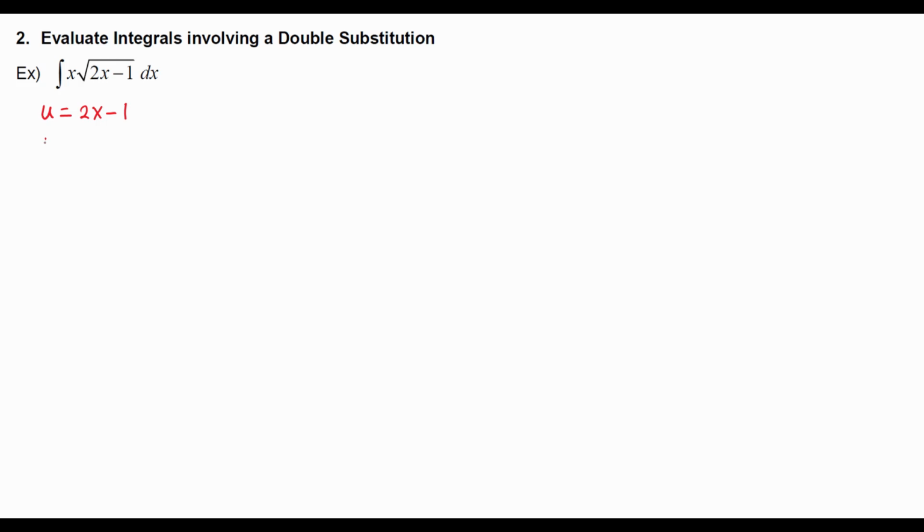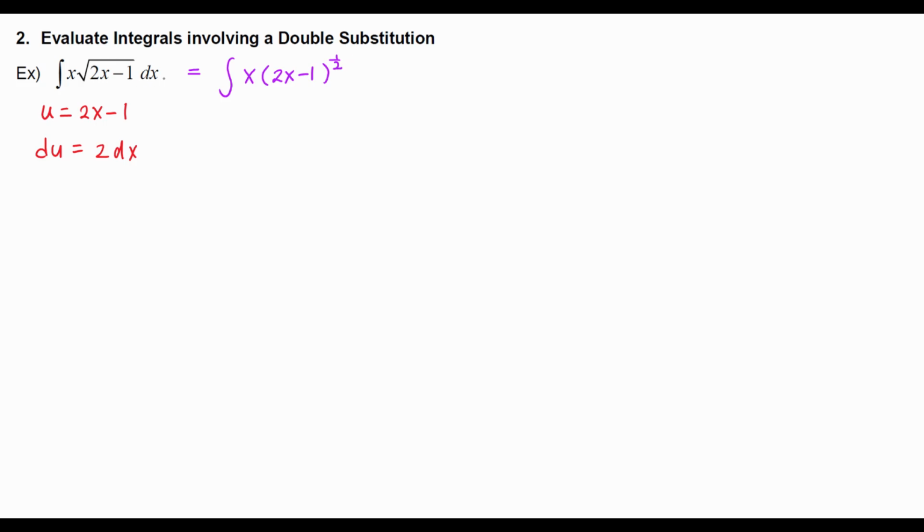So then du is going to be equal to 2 dx. No problem, I don't have a 2, but I know now how to create 2. So we're going to do that. And this will be then equal to integral of x. I'm going to change radical to power. So I have a 2x minus 1 to the 1/2 power.